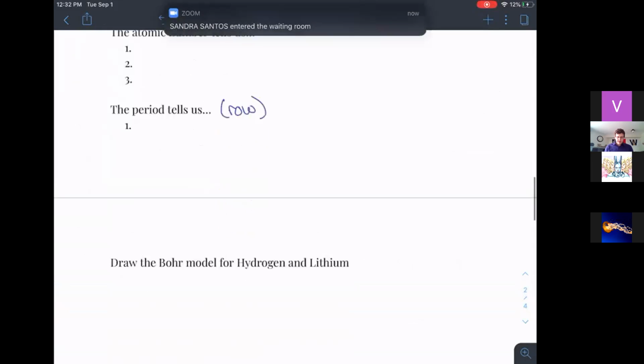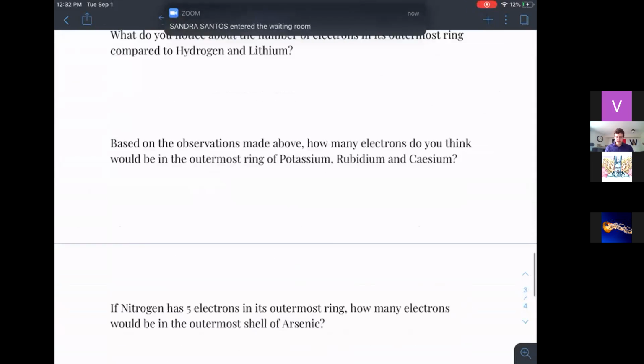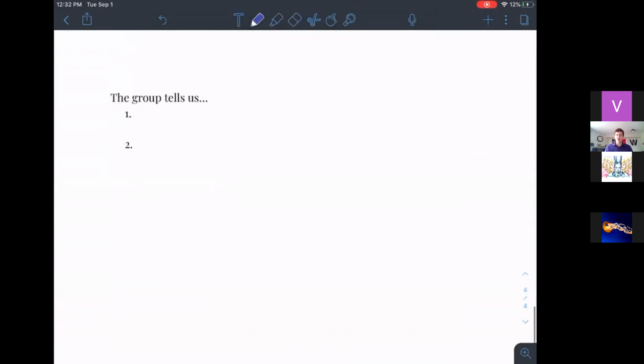Then keep going. There's a few more questions. The only one I wanted to talk about before I let you guys just go off and work on the rest of this on your own is this one, the group. You should be able to identify something about the group, which is really just the columns, the ones that go up and down. You should be able to identify one thing about the group right now.